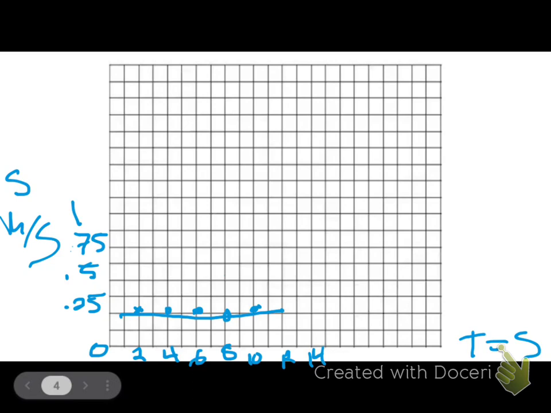Now, what would happen if we did this for our second course with the same time markings and the same speed markings, okay? So for our first time marker, what was our speed? 0.25, okay? What about for our second one? 0.5. Our third one? 0.75. And our fourth one? 1.